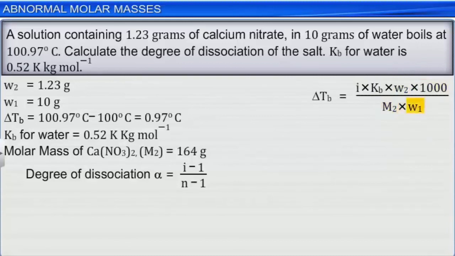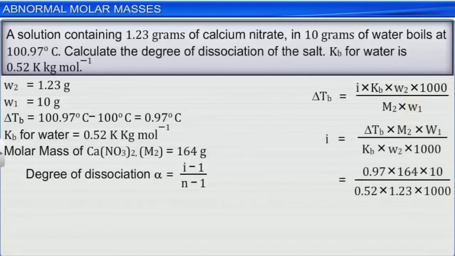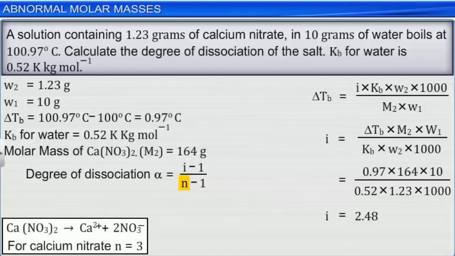On solving for i, we get Van 't Hoff's factor i is equal to 2.48. Substituting for i in the equation, degree of dissociation alpha is equal to (i minus 1) divided by (n minus 1). Now, n for calcium nitrate is 3. On solving, we get the degree of dissociation alpha is equal to 0.74.